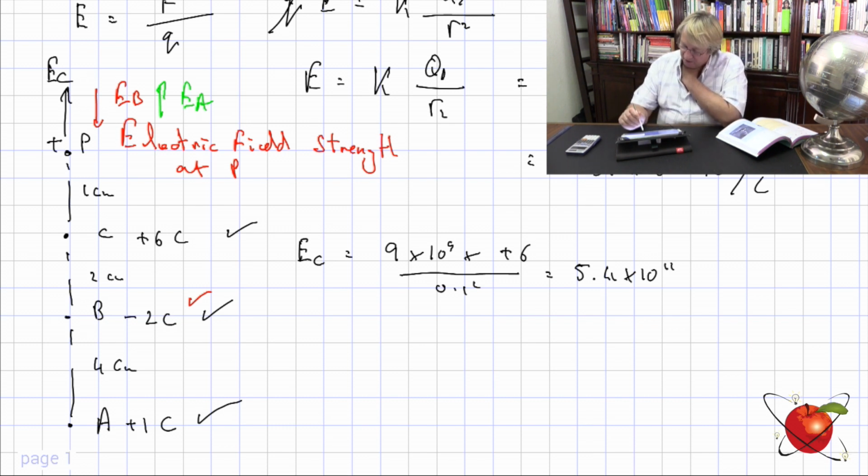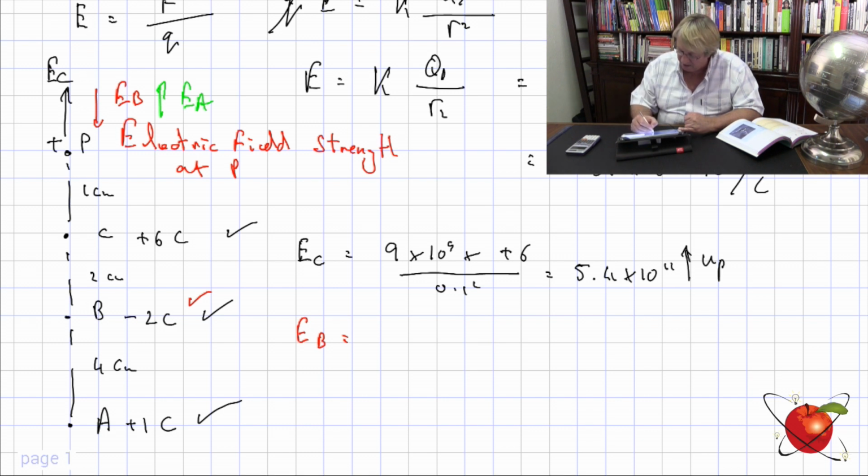Let's have a look now and calculate the red one, the electric field strength due to B. Now EB. Remember, the black one was up. Now let's have a look at the red one. It's going to be 9 times 10 to the 9 times 2, if you leave the sign out, you can call that plus and call that minus, over the distance, which is now going to be 3 centimeters, which is 0.3 squared.